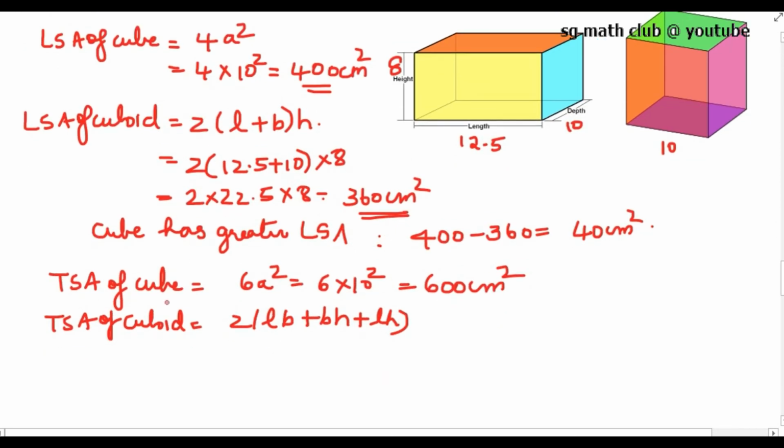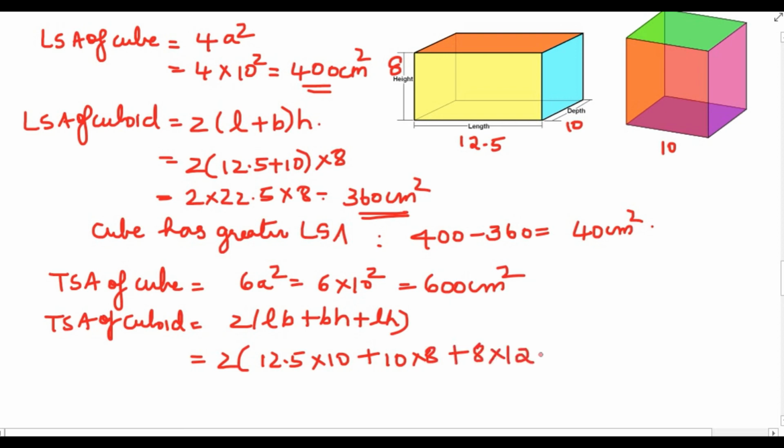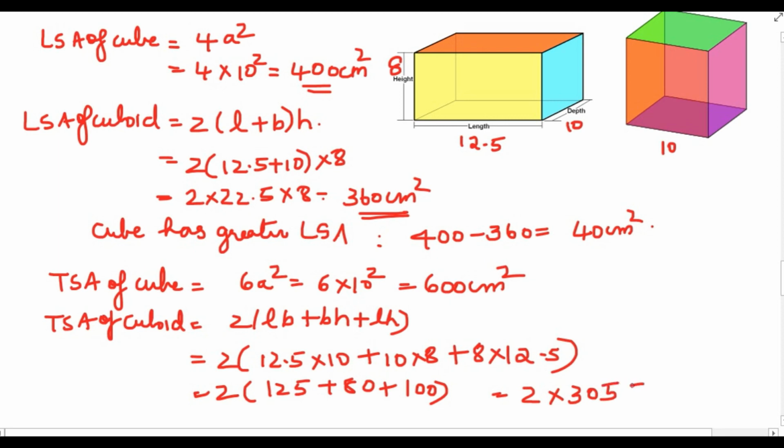So 2 into (12.5 into 10 plus 10 into 8 plus 8 into 12.5). When you do this, we have 125 plus 80 plus 100, which adds up to 305. So 2 into 305 is equal to 610.